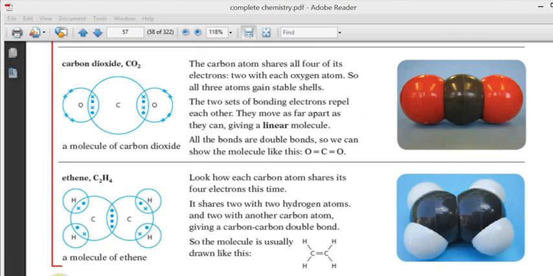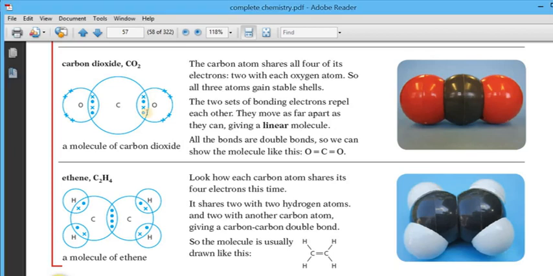Okay, so if you are looking now at the diagram on the screen, that's carbon dioxide, and the carbon atom and the oxygen atoms are reacting, and we have 1, 2, 3, 4, and 1, 2, 3, 4. If we're looking at the molecule of carbon dioxide, it has 2 double bonds.